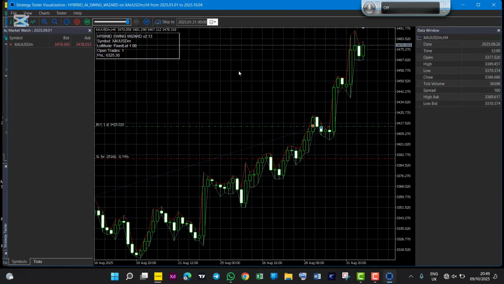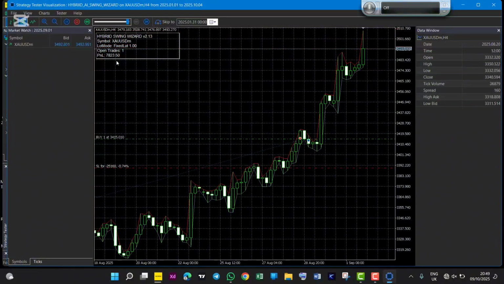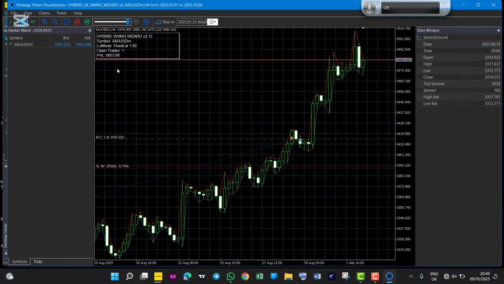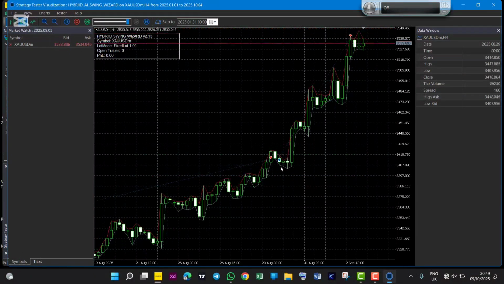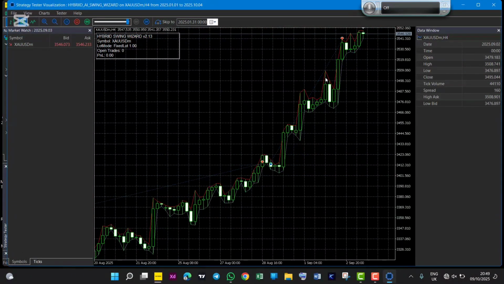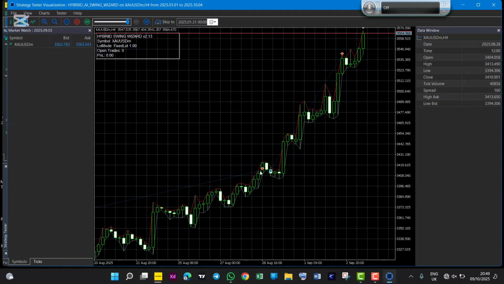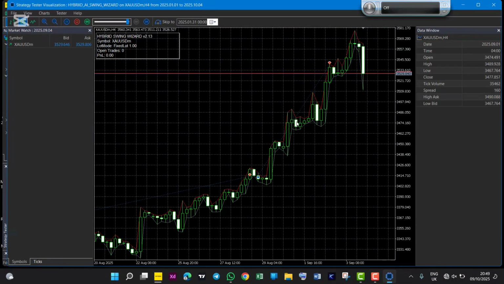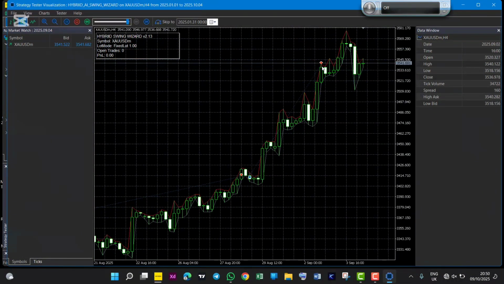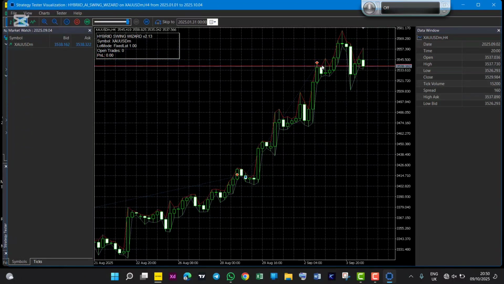Let's see. So we hit the last TP, the robot took another entry, and that second entry hit TP also. Wow.